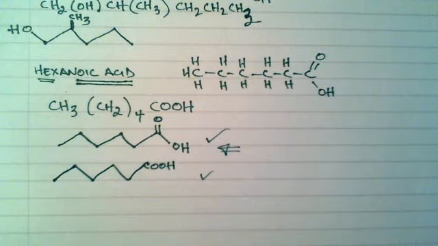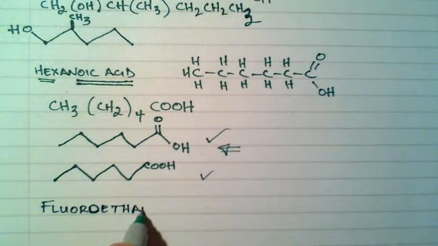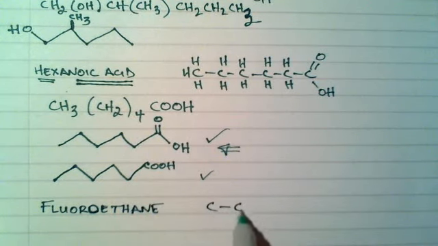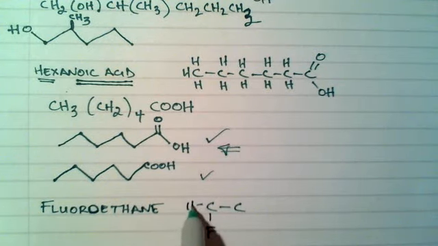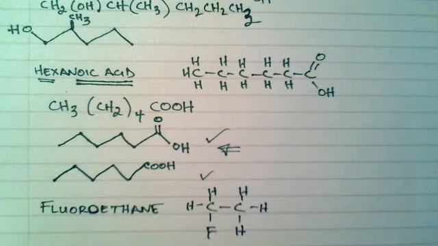The next molecule we had was fluoroethane. Fluoroethane. Ethane has 2 carbons. We'll stick a fluoro on there, and the rest are hydrogens. And that's all.